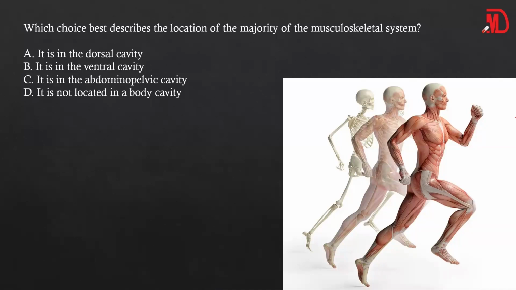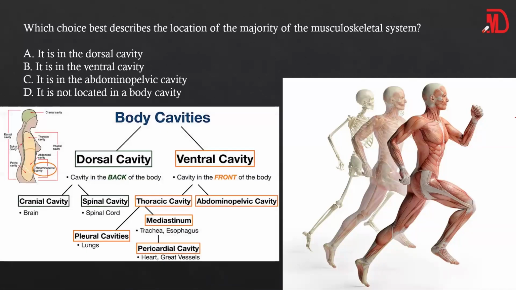Now the dorsal cavity mainly contains the brain and the spinal cord. The ventral cavity houses the thoracic and the abdominopelvic organs. That is the heart, the lungs, the stomach, the intestine, and what have you. Then the abdominopelvic cavity includes the digestive, the urinary, and the reproductive organs.